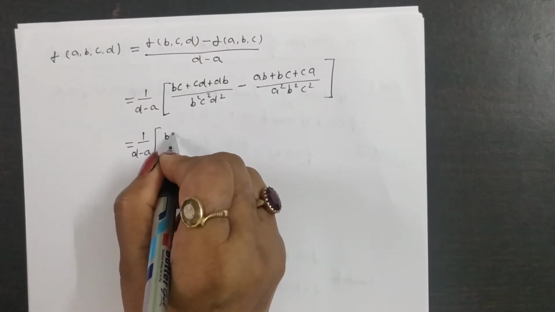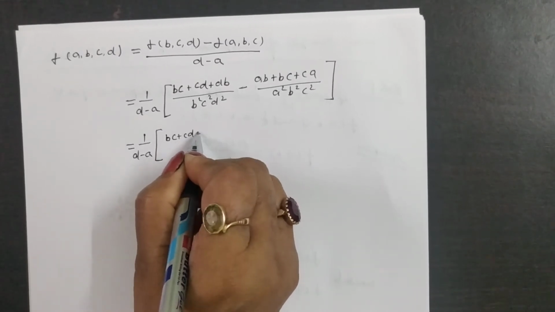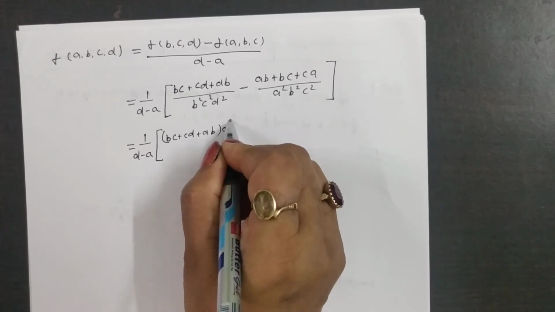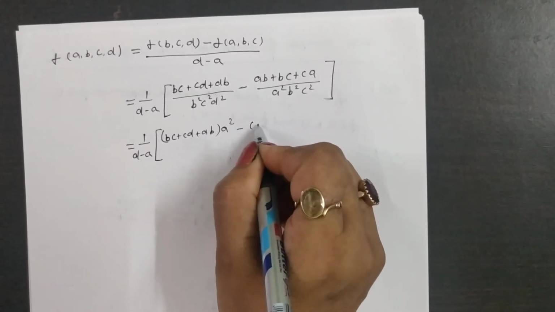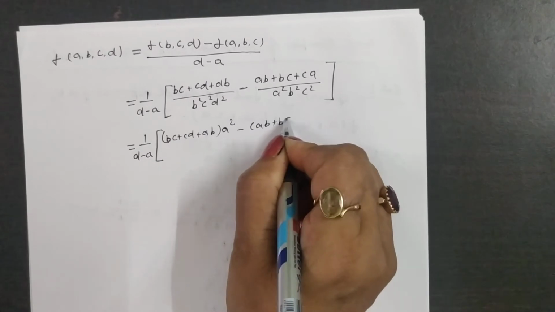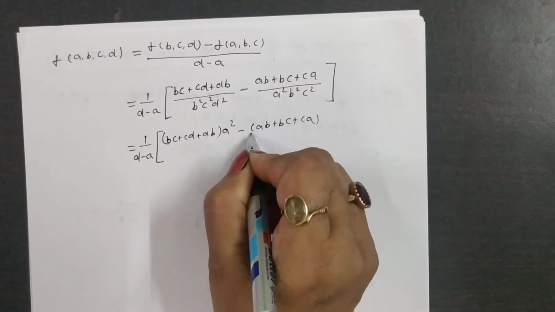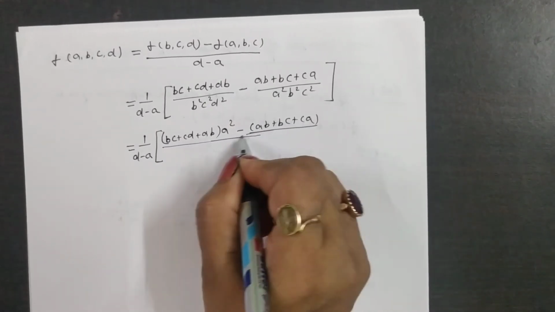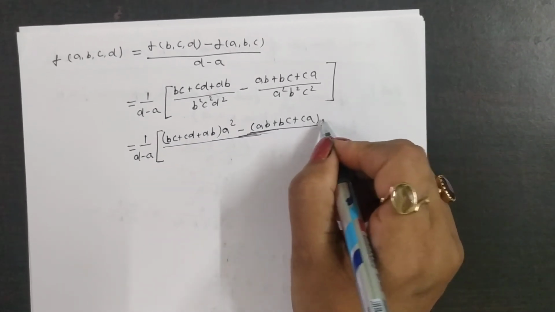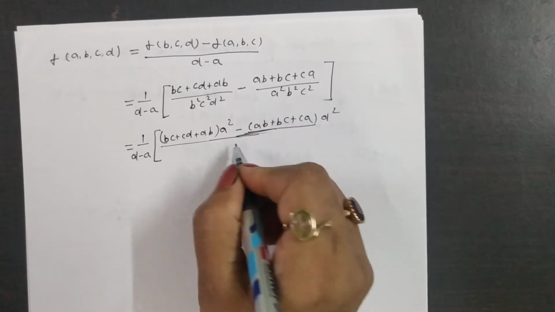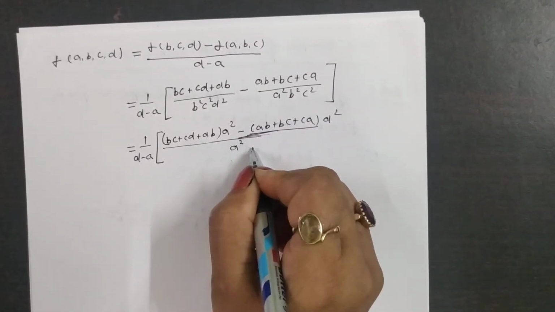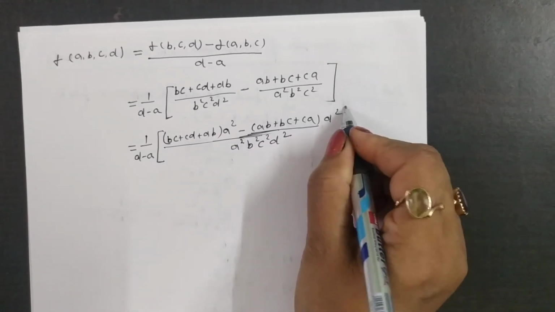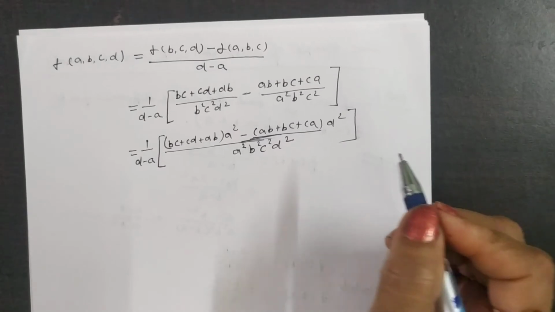Then bc plus cd plus db is multiplied by a square, minus ab plus bc plus ca multiplied by d square, because here there is no d square in the denominator a square b square c square. Clear?